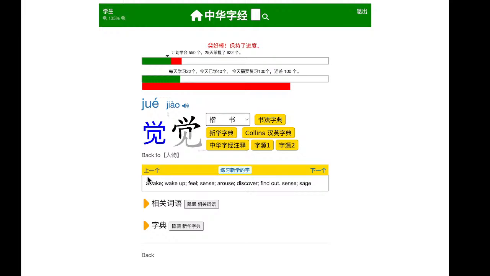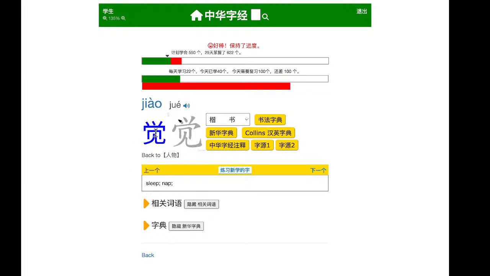觉 means awake or wake up, feel or sense, arouse, like arouse the senses, to discover or find out or sense. 觉. Got another reading, 觉. And this one is kind of funny because it means the opposite. 觉 is awake or wake up, and 觉 is sleeping or napping.